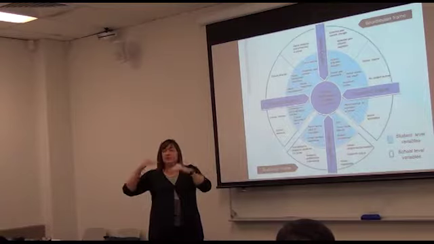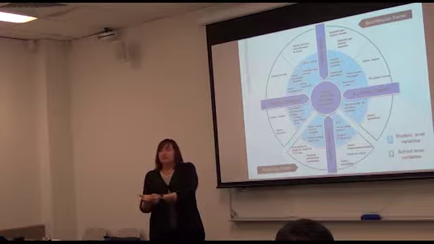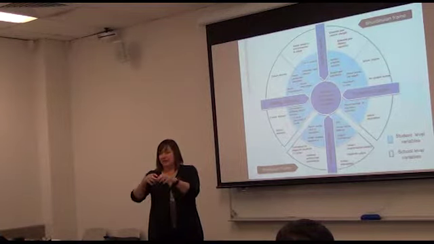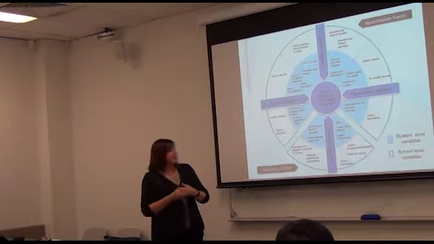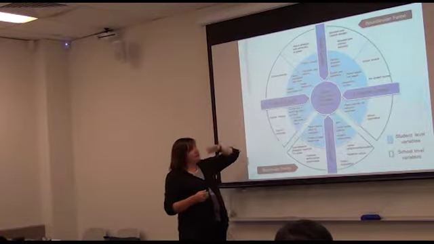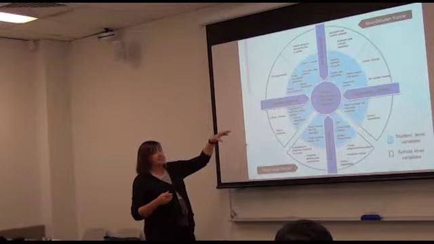Because it was a multi-layered project where we've got individual student data, but we were also looking at the schools that they found themselves in and what influence that might have on their aspirations.